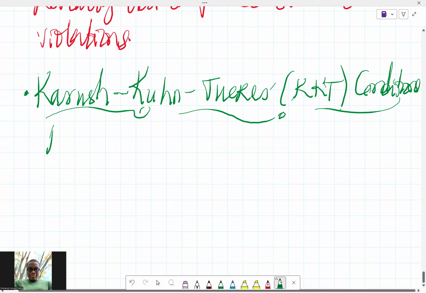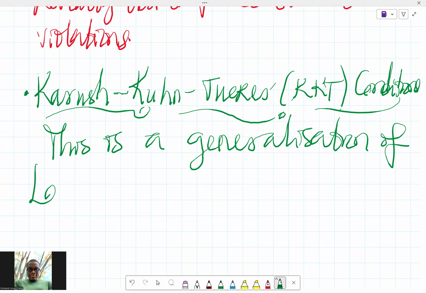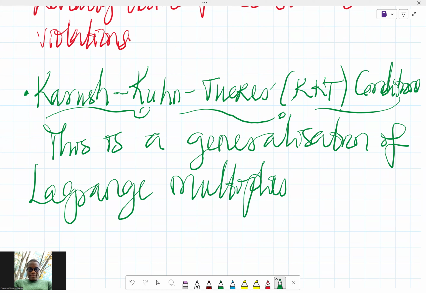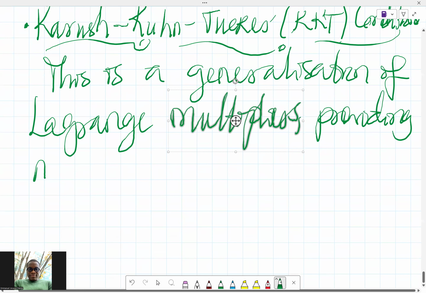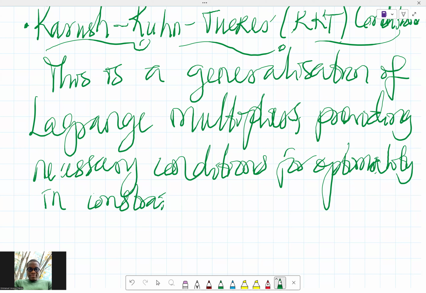This is a generalization of Lagrange multipliers, providing necessary conditions for optimality in constrained nonlinear programming problems.